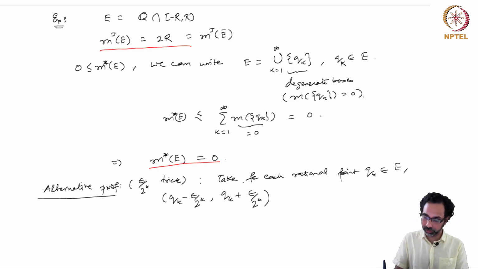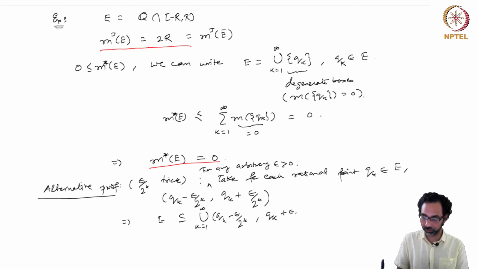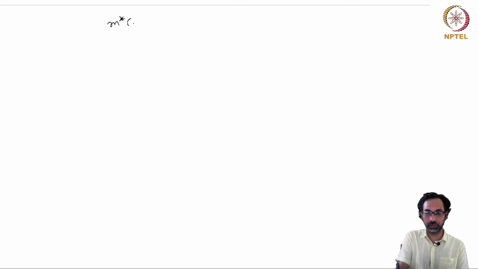This is for an arbitrary epsilon greater than 0. Now E is a subset of the union of all these intervals. So the Lebesgue outer measure is less than or equal to the sum from k equal to 1 to infinity of the measures of these intervals.